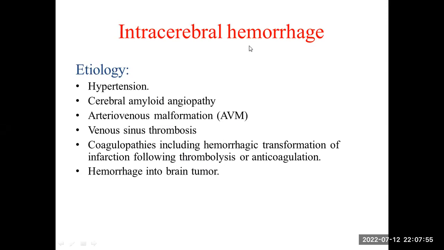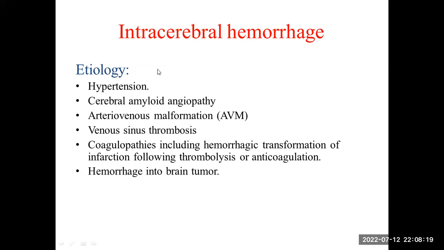In Alzheimer's disease, when you do a brain biopsy, you will find deposits of amyloid proteins within the cerebral cortex. And also in type 2 diabetes, when you do a pancreatic biopsy and examine the islet cells of the pancreas, you will find amyloid deposition, and this contributes to the progression of type 2 diabetes. So this is similar to what happens there.